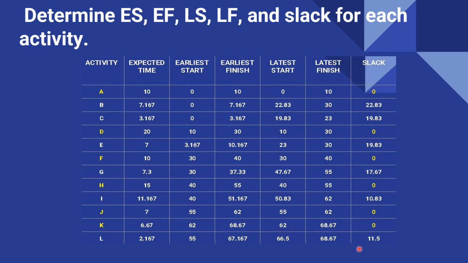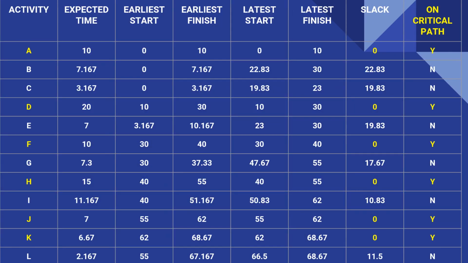The same with activity K: the latest finish is 68.67, less its expected time of 6.67, its latest start is 62. So again, these will be determined using the backward pass.